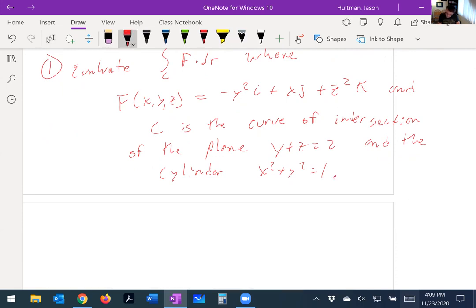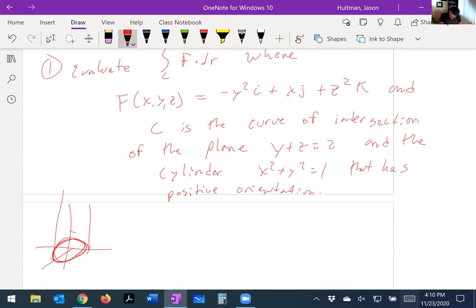We'll say that C is the curve of this that has positive orientation. So we have this unit cylinder, radius 1.